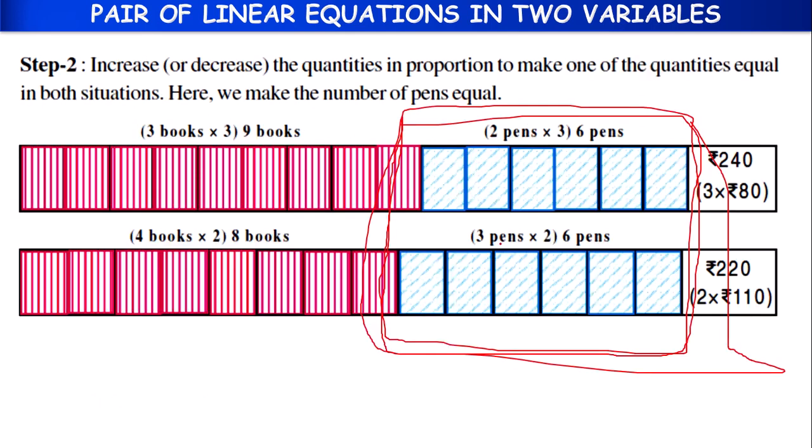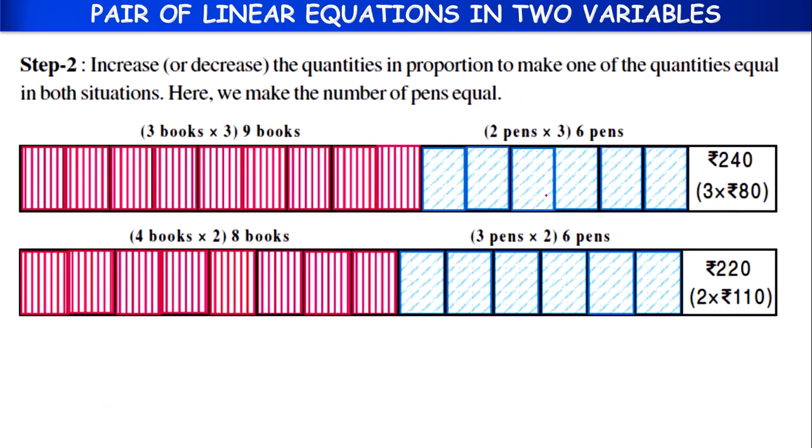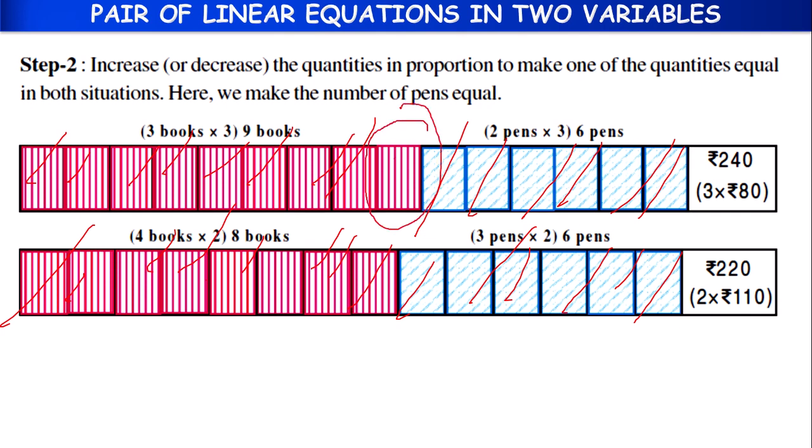So now if we compare these two situations, 6 pens and 6 pens cancel. Here 9 books are there, here 8 books are there. So we can cancel 8 books, so equal amounts get cancelled. What will remain? Only one extra book.